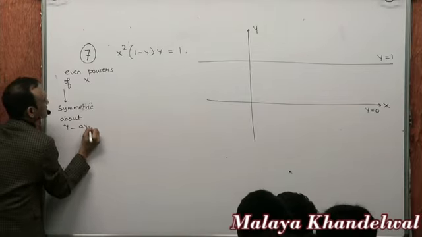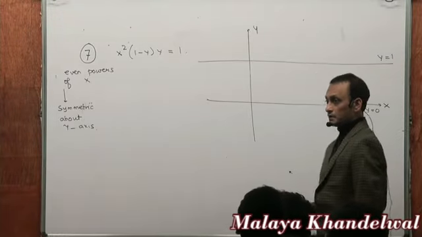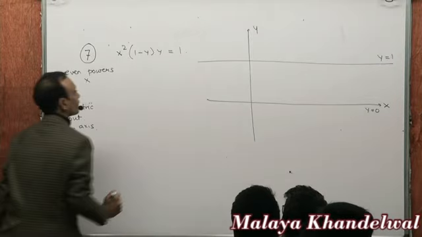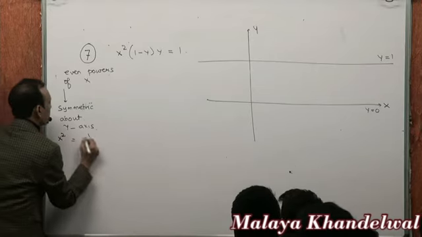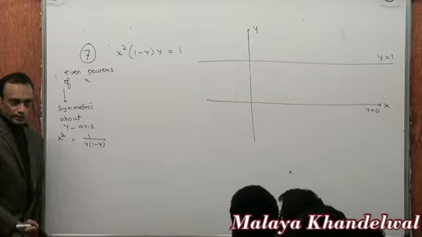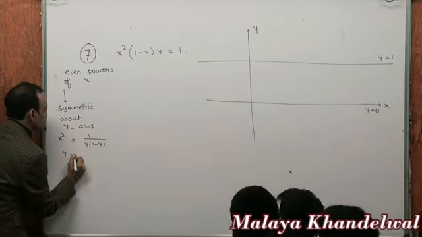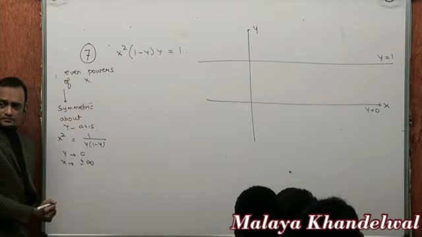Cool? The curve is symmetric about the y-axis. Also, look at this. X square is 1 by y into 1 minus y. Do you realize as y tends to 0, x tends to plus minus infinity?